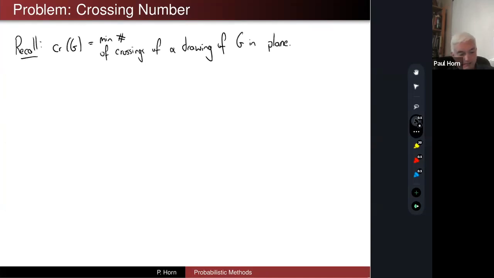And the question I'd like to think about is to estimate the crossing number of G. So I'm given a graph, and I'd like to say something intelligent about this crossing number.